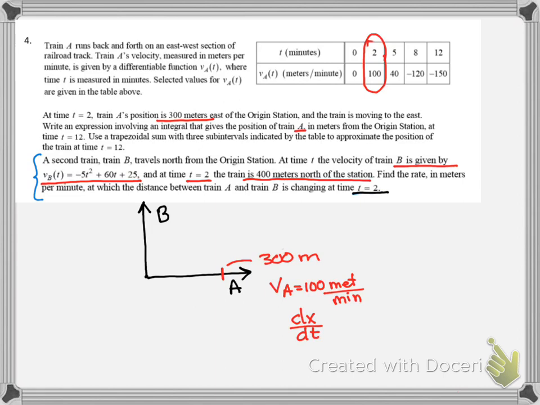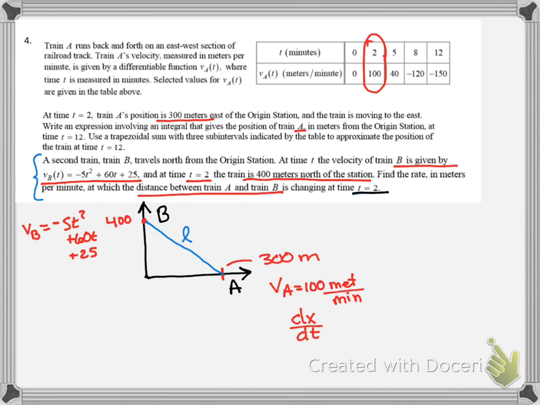So we're talking about here, we are 400, and our velocity is given by this equation 5t squared plus 60t plus 25. Find the rate in meters per minute that the distance between train A and B is changing. And so here, if we look at this, this is part of a triangle, and this hypotenuse is the distance between the two trains.